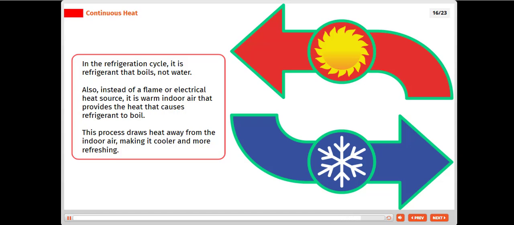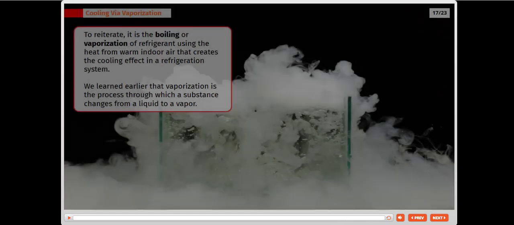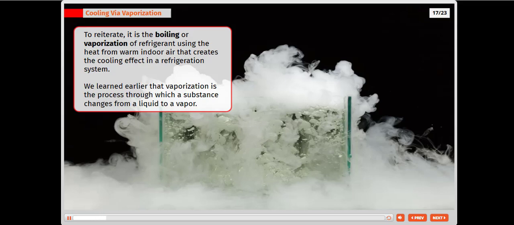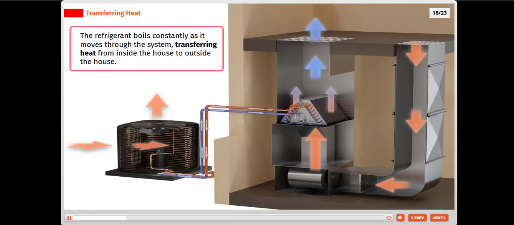To reiterate, it is the boiling or vaporization of refrigerant using the heat from warm indoor air that creates the cooling effect in a refrigeration system. We learned earlier that vaporization is the process through which a substance changes from a liquid to a vapor. The refrigerant boils constantly as it moves through the system, transferring heat from inside the house to outside the house.